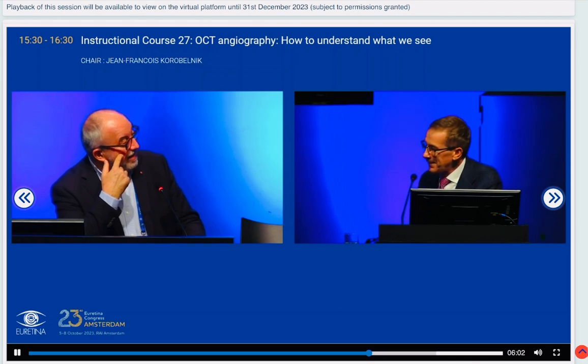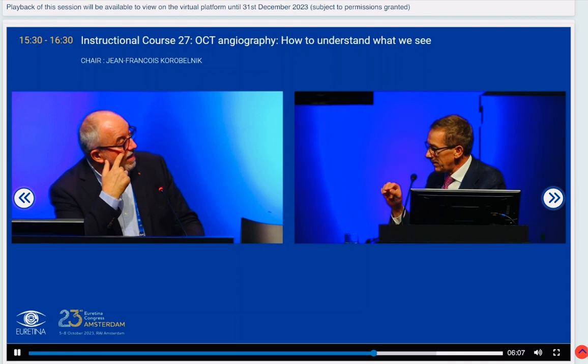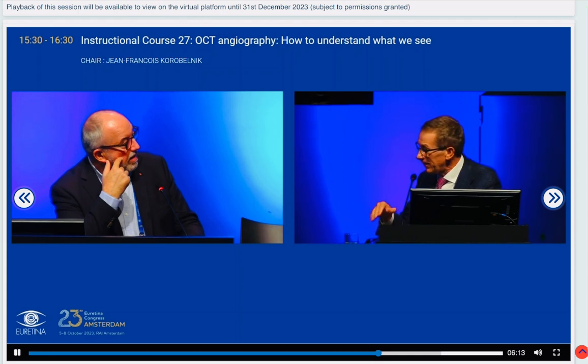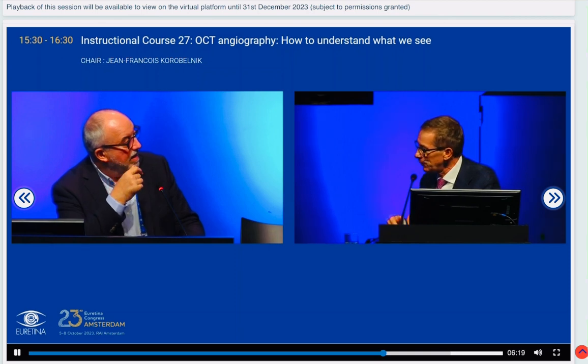Baseline. Baseline. And that is important to me, particularly when there is the double layer sign and it's not clear if there is just fluid or it's really a neovascularization. So that is the time that I use it.